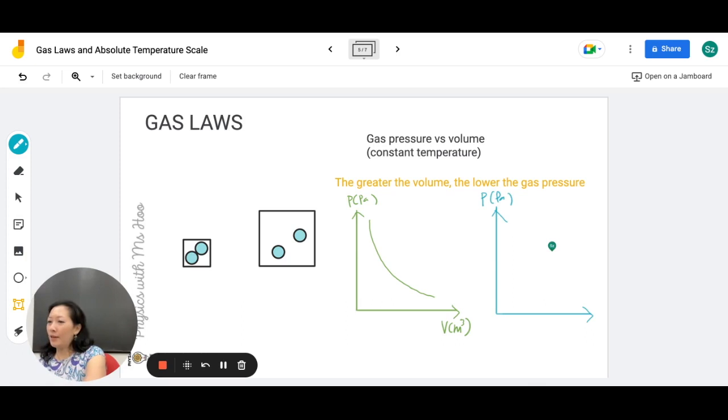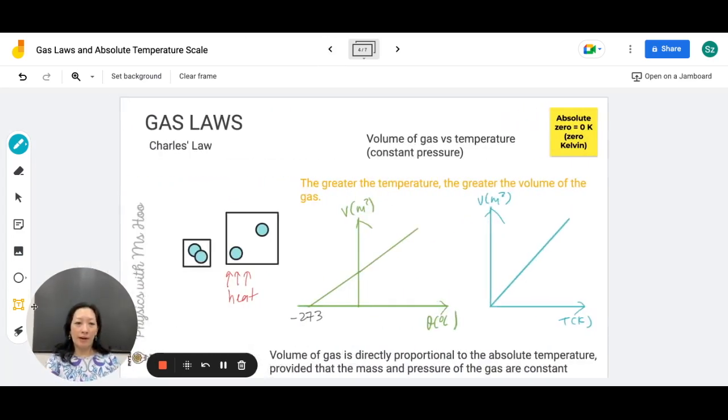Okay, let me fix this a little bit. Okay, there we go. You'll have 1 over V, which is basically per cubic meter. And for this one, because of the inverse relationship indicated by 1 over V, this is how we can finally get a straight line through the origin.